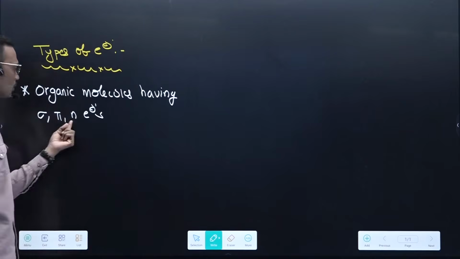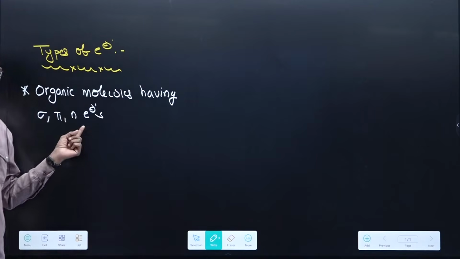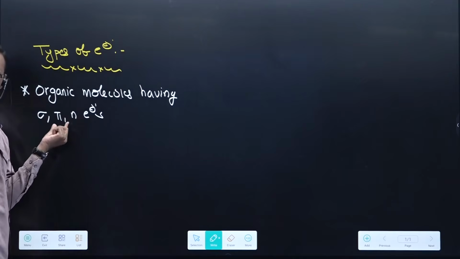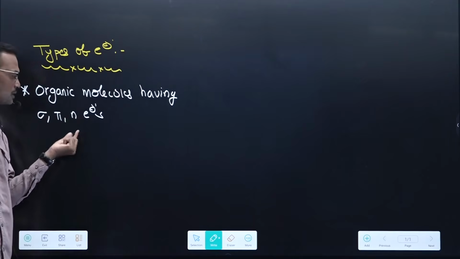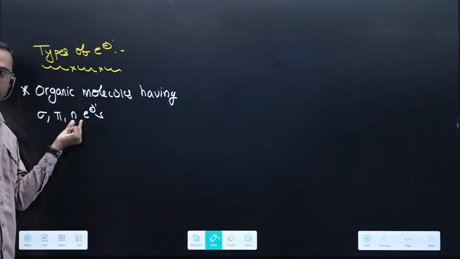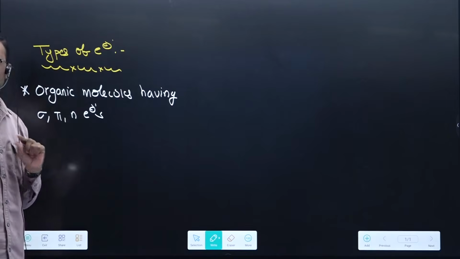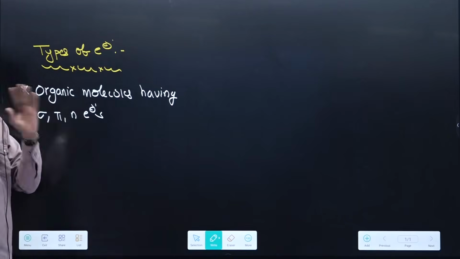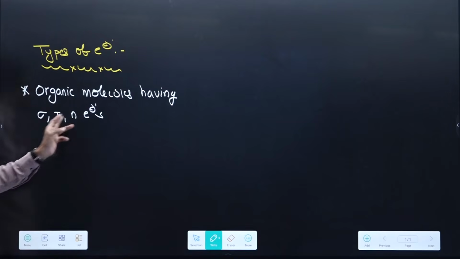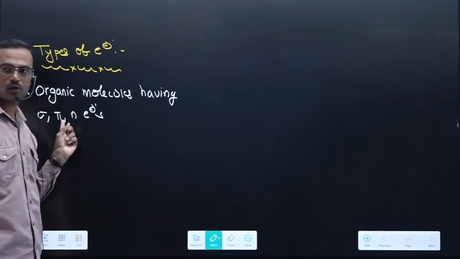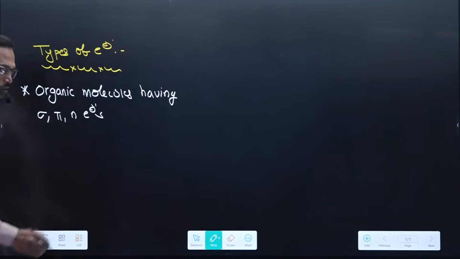What is the meaning of non-bonding? Lone pairs. Sigma electrons are nothing but single bonds, pi electrons are nothing but double or triple bonds and benzene, and non-bonding electrons are nothing but having at least a lone pair. Non-bonding means it is not involved in bonding. Generally most organic molecules have sigma electrons, pi electrons as well as non-bonding electrons.